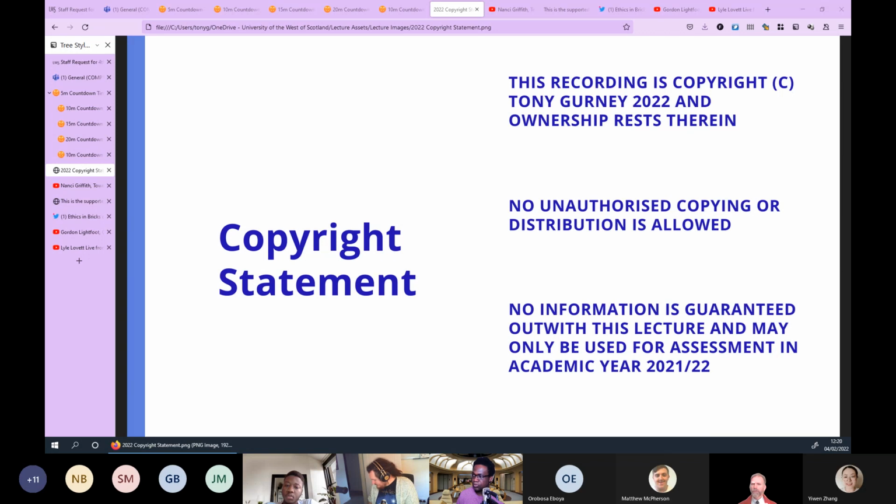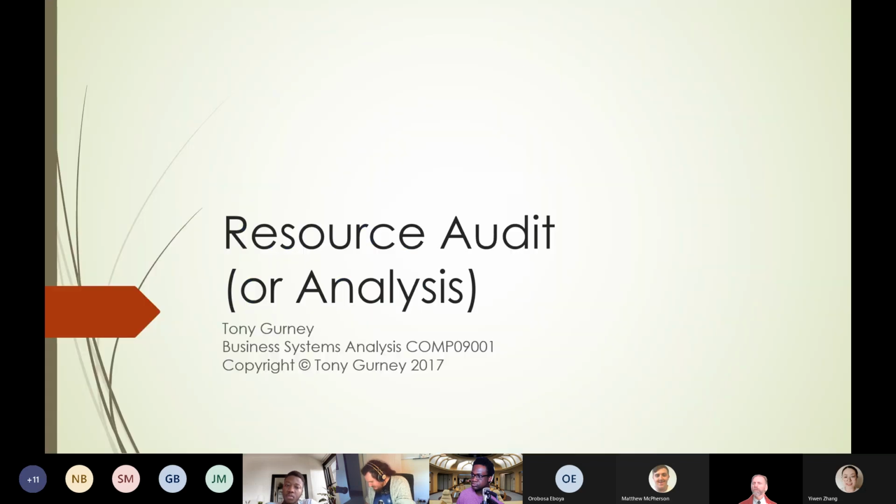Perhaps the next thing we might want to do is try to understand the resources that are available within the organisation to make those goals. So we might want to do an audit.